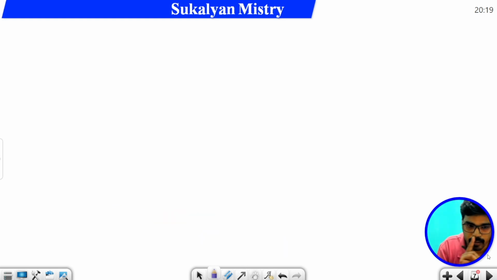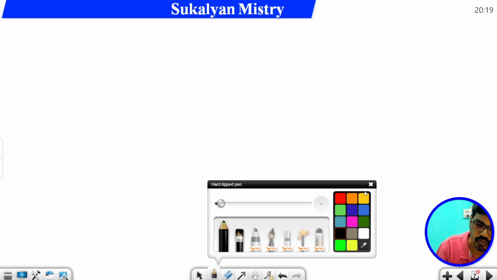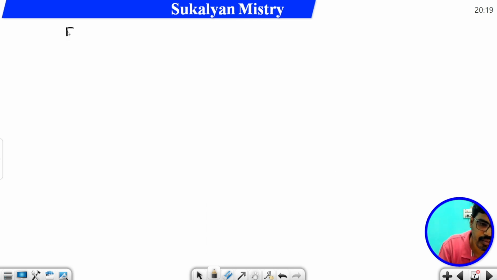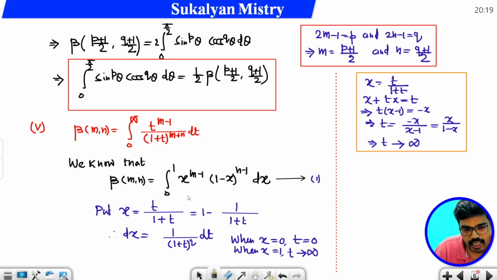Suppose this is equation 1. From 1 we get beta mn, so this equals integration from 0 to 1.